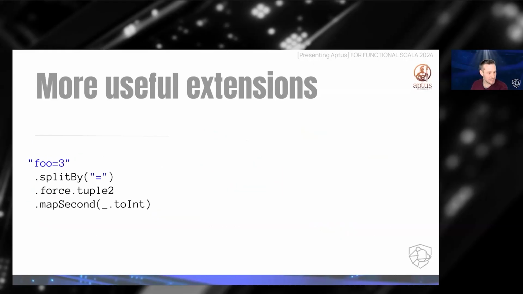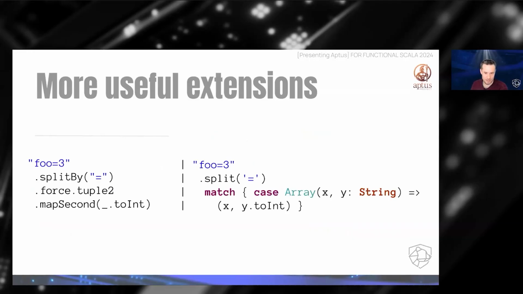Let's also compare Aptus's way of doing this with the standard lib, which is not that much bigger, but a lot less obvious to me. The match syntax is a bit different, so I find this one an interesting comparison as well. Basically, the left-hand side reads more like English than the right-hand side. That's the bottom line.